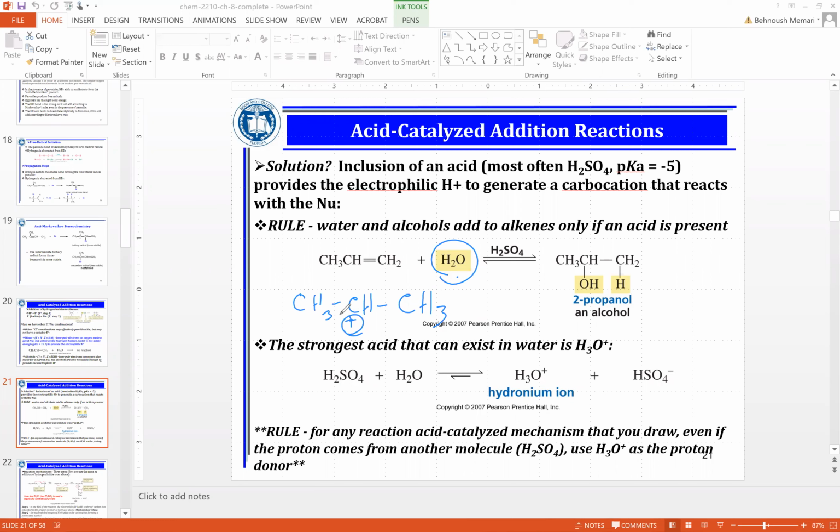So you only need one species to be very reactive. If you remember from 1046, when you do acid-base, if you have a strong acid, it's going to react with a weak base. If you have a strong acid, it would definitely react with a strong base, but it would also react with a weak base, or a strong base can react with a weak acid.